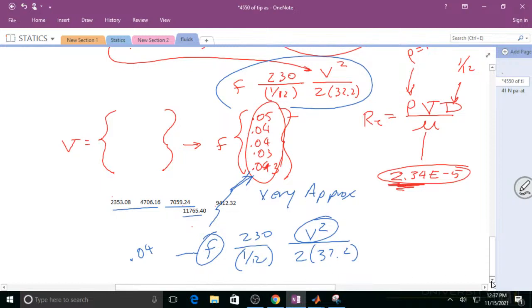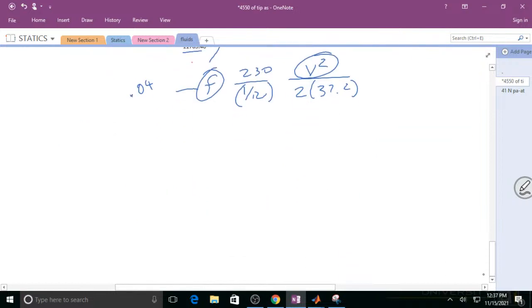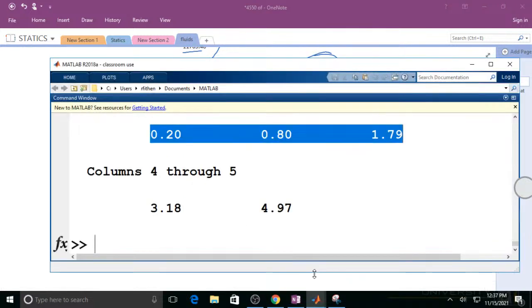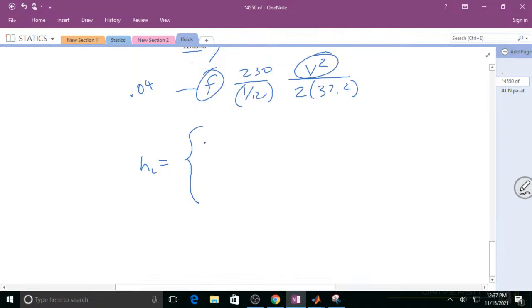Okay, so I'm going to try my best to list these out one at a time. HL in my cases are going to be, this is 0.2, 0.8.